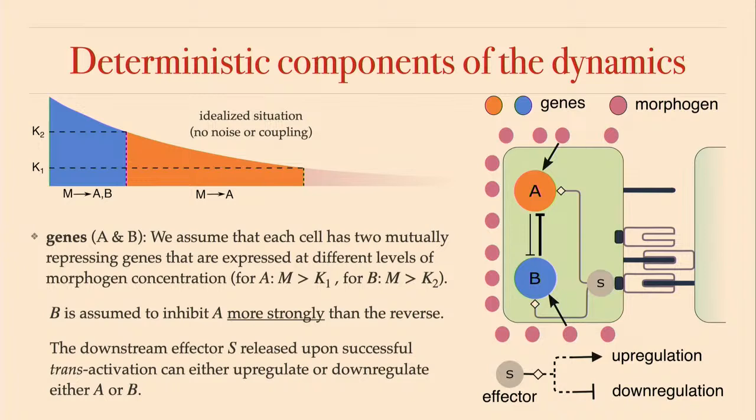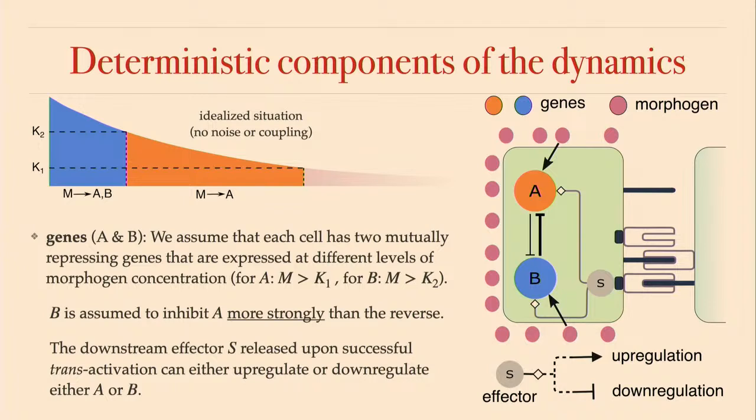But very naively speaking, K2 is more than K1, so the morphogen should upregulate A as well. So why isn't A dominating over here? To account for that, we have B inhibit A more strongly than the reverse. That's what ensures that B takes over here. So this is what we'd get in the situation where there's no noise, and that's how we're ensuring that this works.